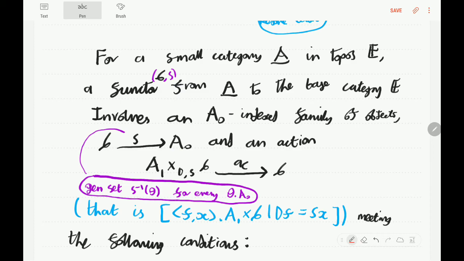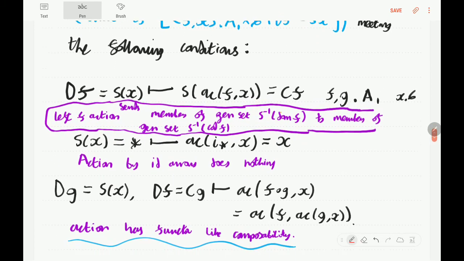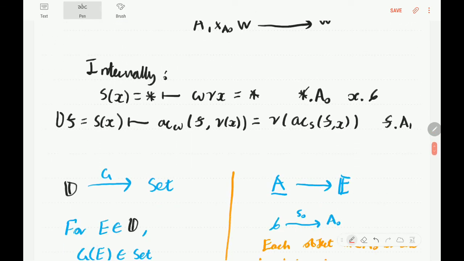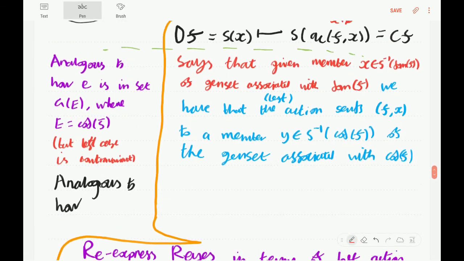Now, the idea here basically is that, well, I think I introduced some useful notation at some point. Yeah.